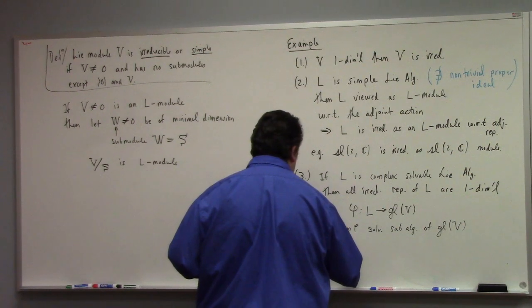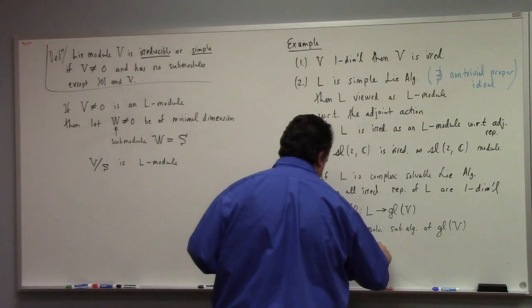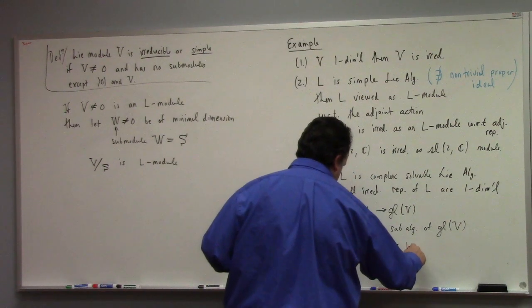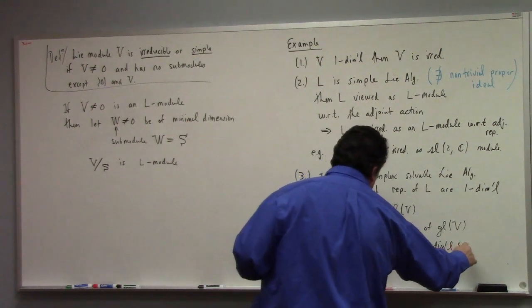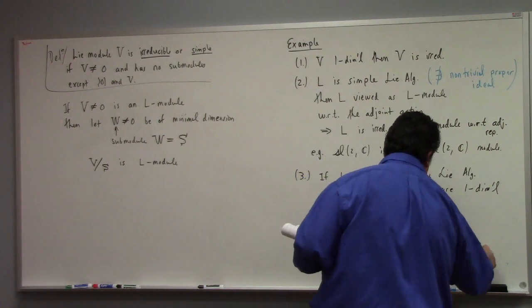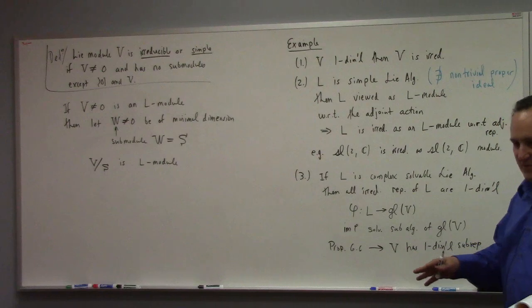Proposition 6.6: V has a one-dimensional subrep. Okay, so yeah, it's really just counting.